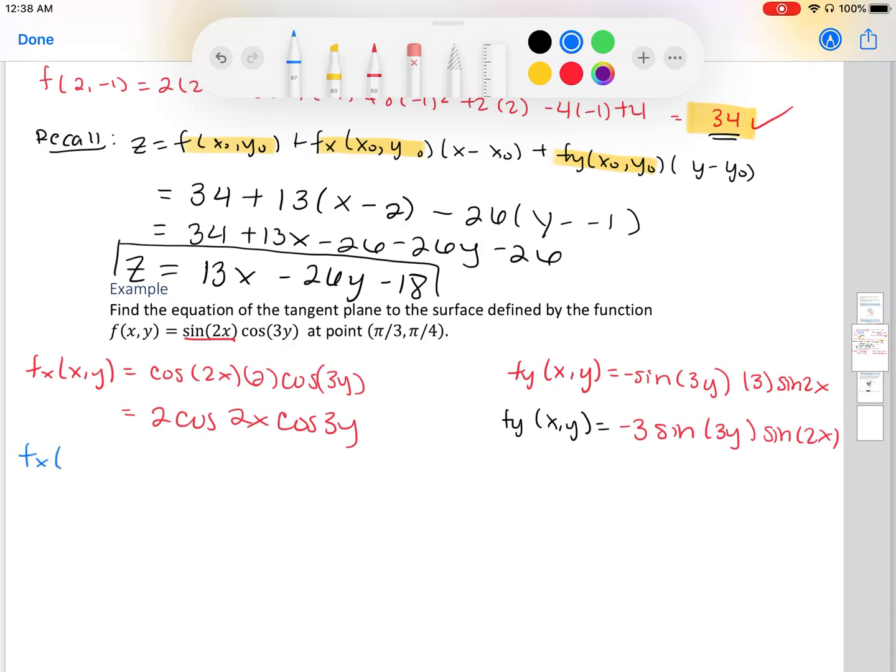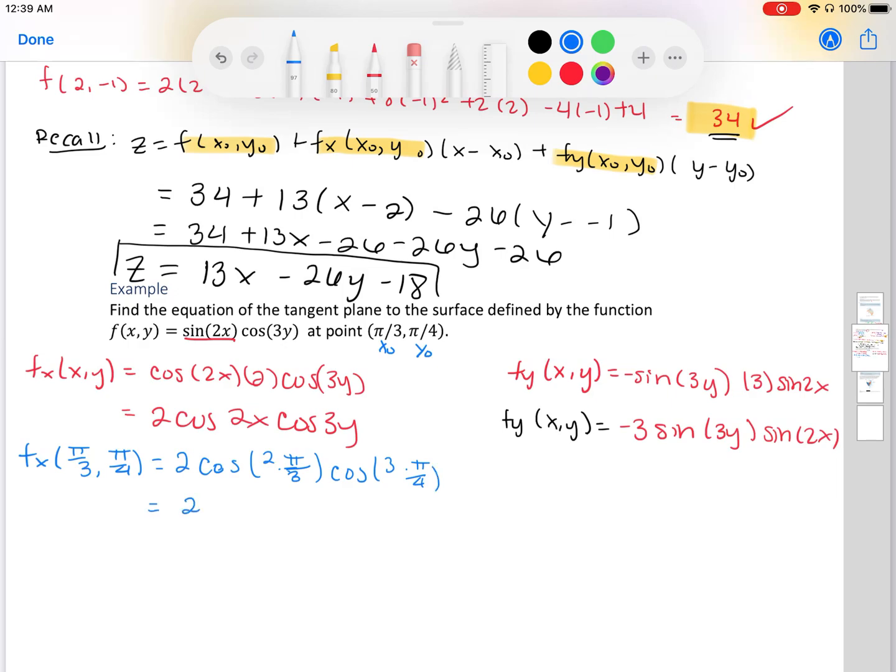So f sub x at this point, pi over 3 and pi over 4, gives us 2 times cosine of 2 times x, which is pi over 3, and cosine of 3 times y. y is pi over 4.